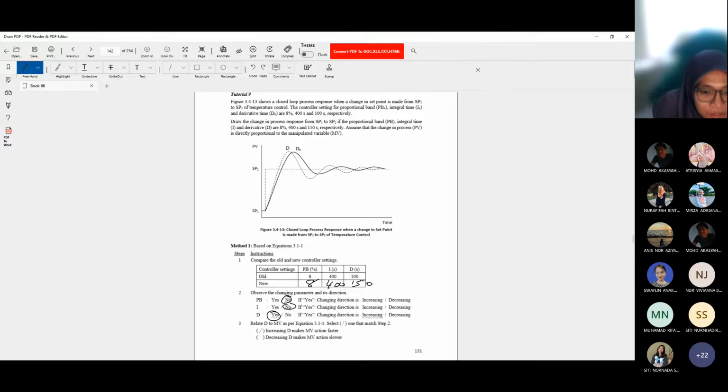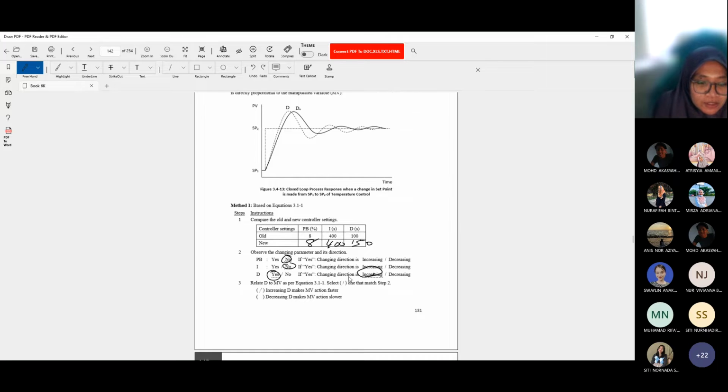Okay, so is the change direction increasing or decreasing? Increasing. Okay, so from here, we look back at equation 3.11.